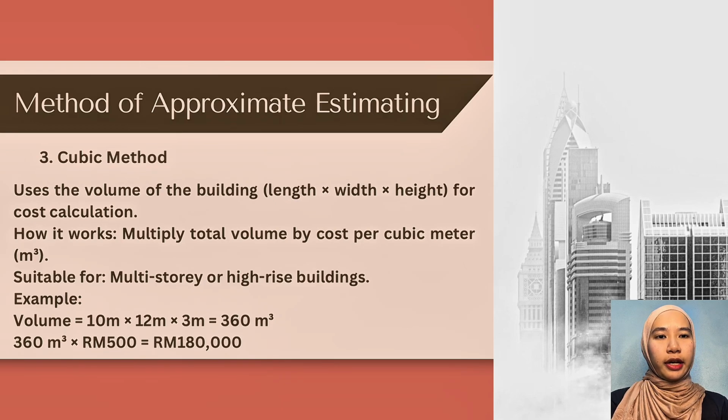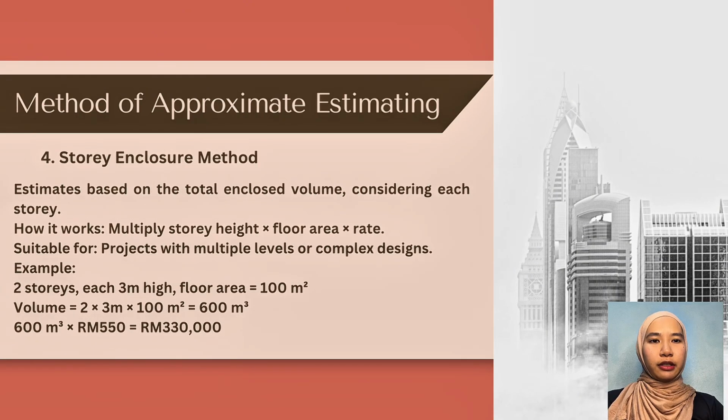So we get 360 cubic meters. We multiply the total volume of 360 cubic meters by the cost per cubic meter, which is 500 ringgit. So the estimated total cost will be 180,000 ringgit.